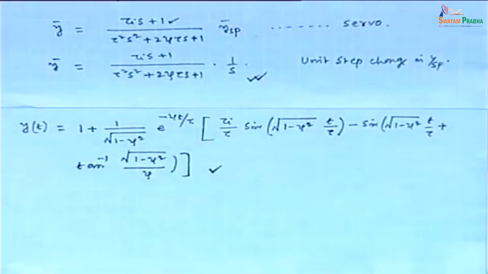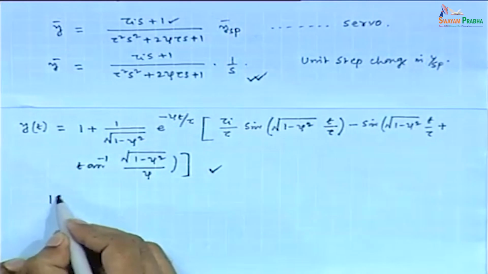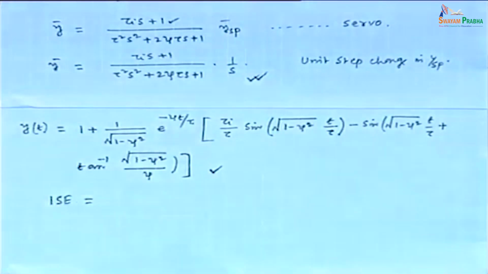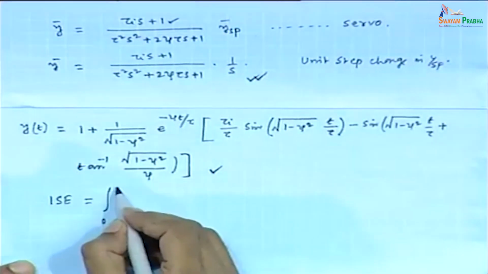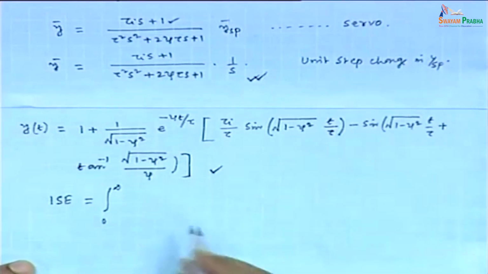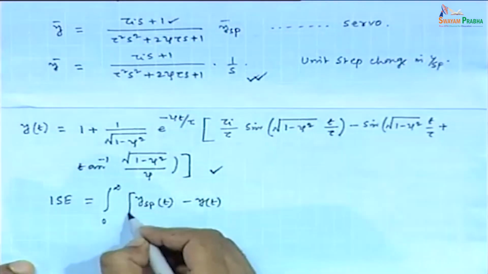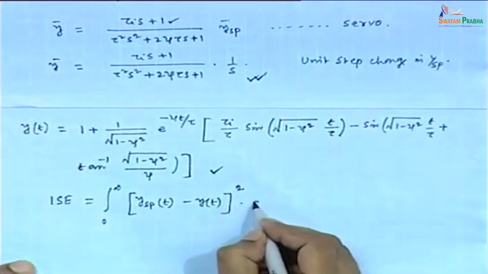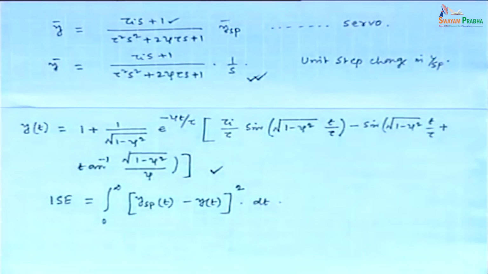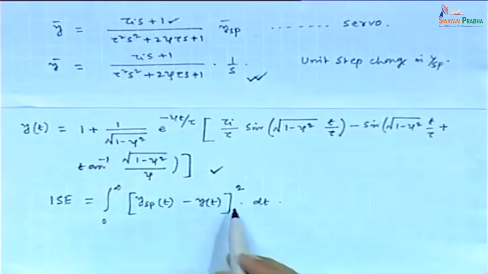Now, among the three time integral performance criteria, suppose we wish to consider the IAE performance criterion. IAE is equal to the integration from 0 to infinity of (y set point t minus y t) whole square dt.